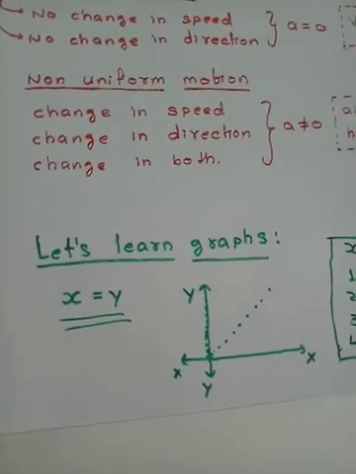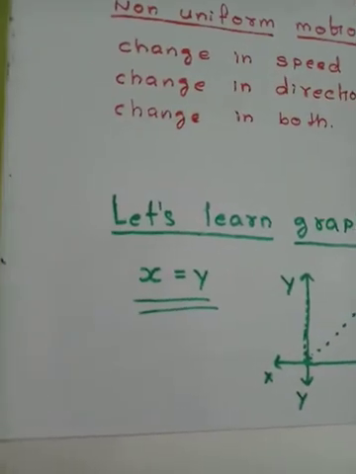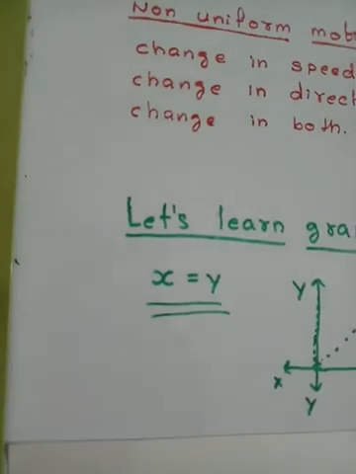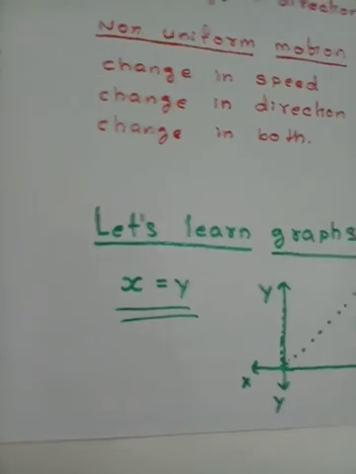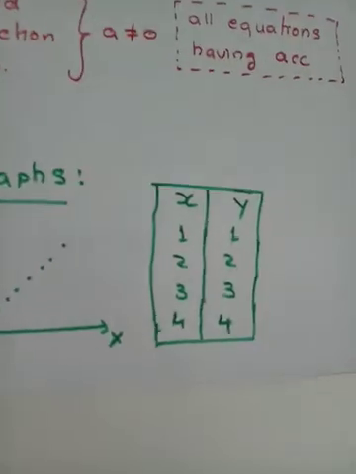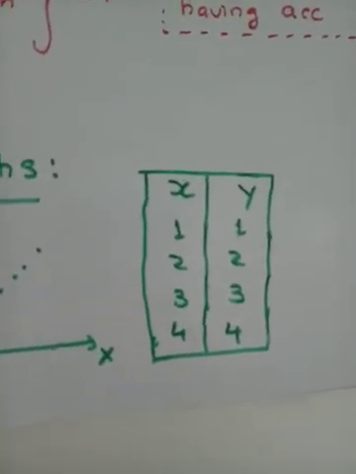So let's learn graphs. We first write a very simple equation: x is equal to y. To plot the graph of x equals y, first of all we have to draw a table in which we place various values of y: 1, 2, 3, 4.